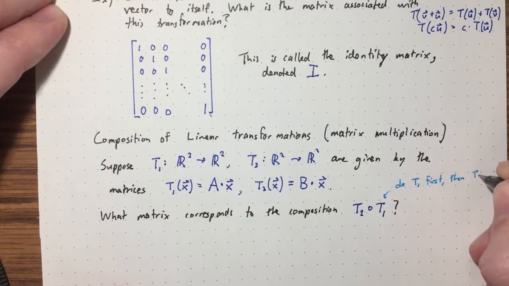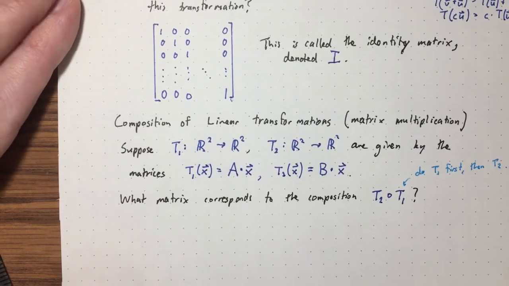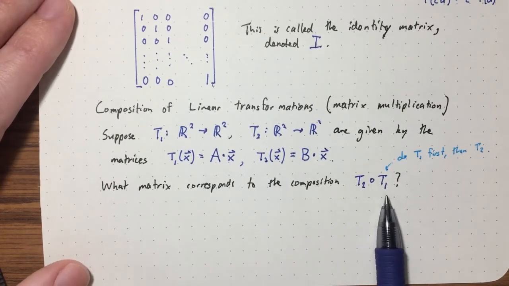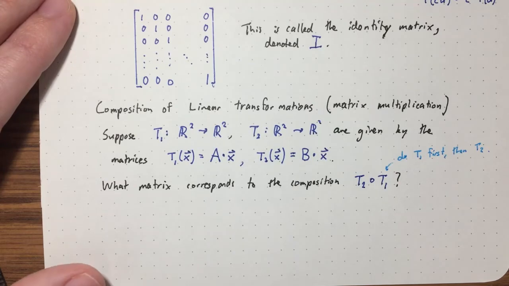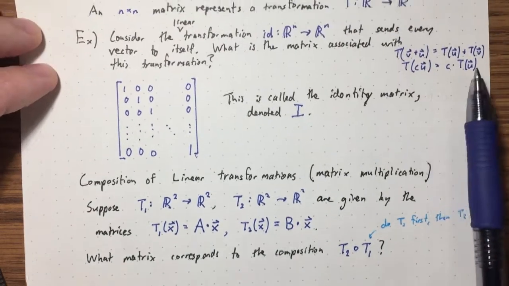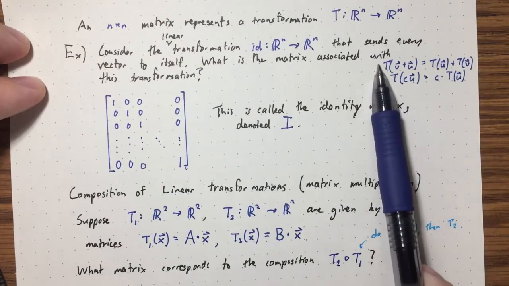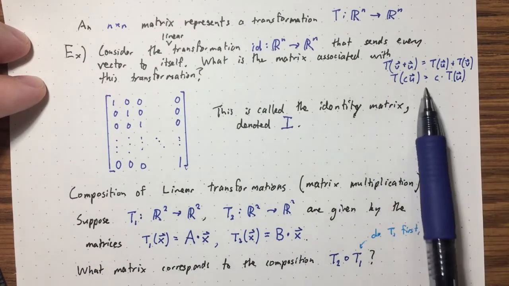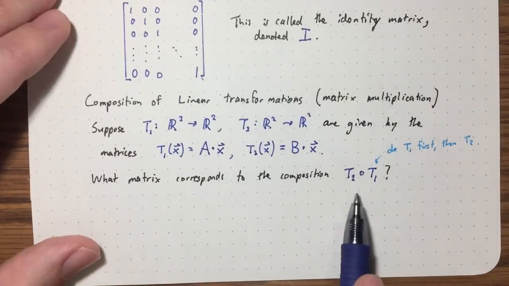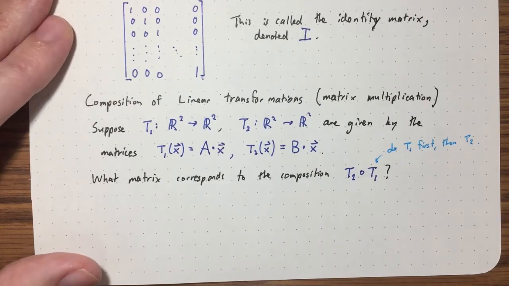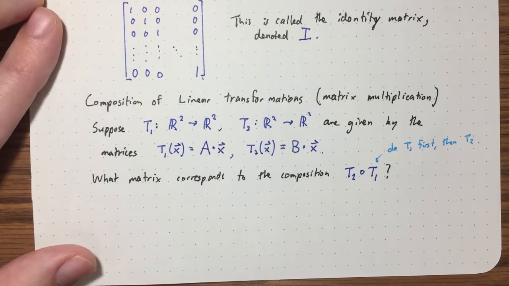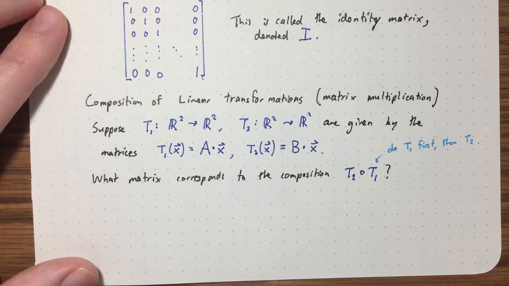Okay. So I want to figure out how to write down the matrix for this composition of two linear transformations. Surely it should have a matrix because it's itself a linear transformation. That's another thing that you'd have to prove, that the composition of two linear transformations satisfies these two properties still. But it does. And so if this is a linear transformation, we'd like to write down this matrix. How do we get that matrix? Well, let's think about this.